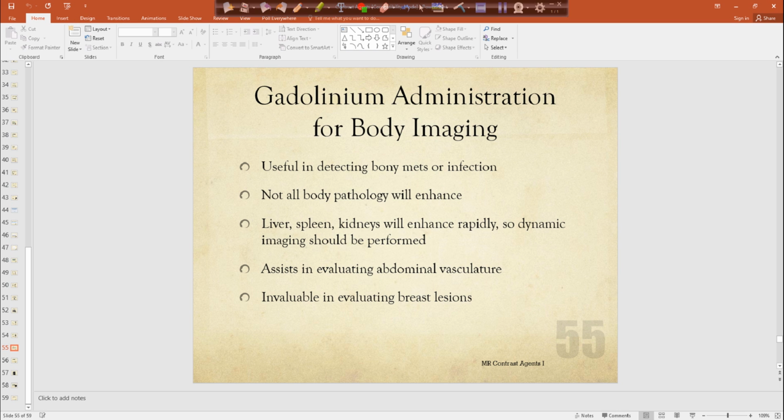So that's why it's so important, when you're doing the abdomen imaging, to catch the contrast at the appropriate time so that you get the arterial phase, you get the venous phase, and then you get the delayed phase, which is basically the equilibrium phase. Everything has washed out at that point. But the radiologist is able to determine by those three different phases whether a lesion is metastatic versus benign sometimes.